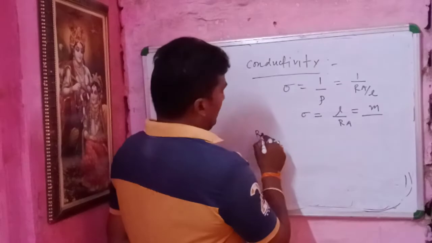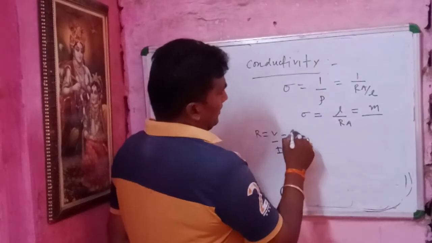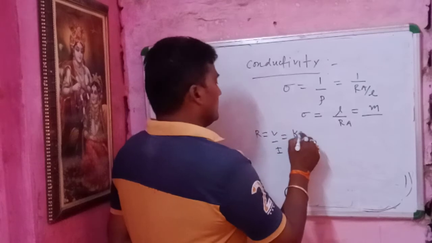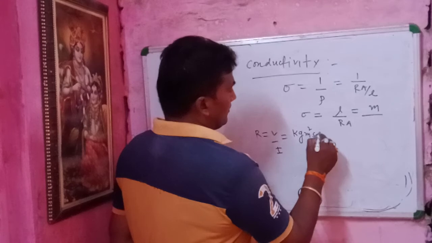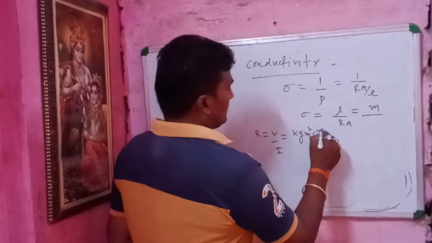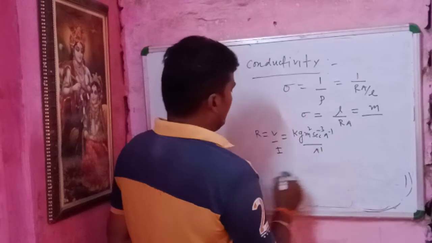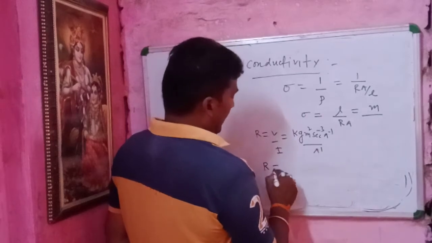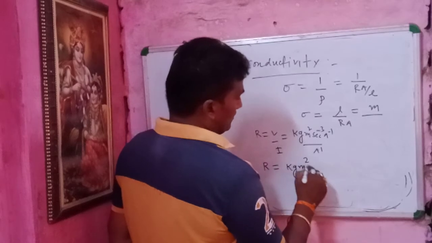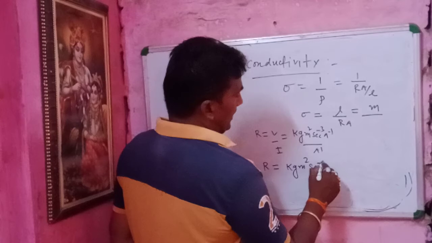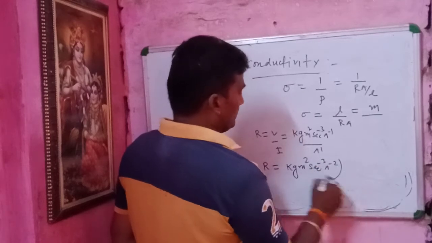R is equal to V by I. The potential difference is kilogram meter square second power minus 3 ampere minus 1, upon I. The derived unit of resistance is kilogram meter square second power minus 3 ampere power minus 2.